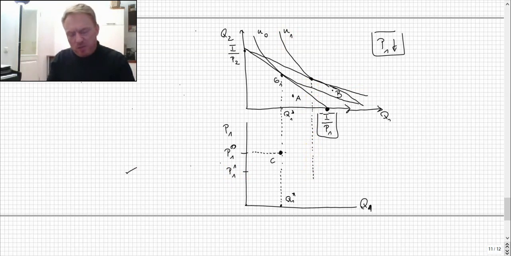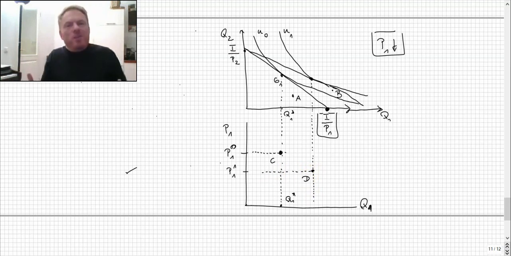So the price went down for the first good, which means P11 is strictly inferior to the first price that we had, P10, meaning again that the new situation can be seen here, which is D.